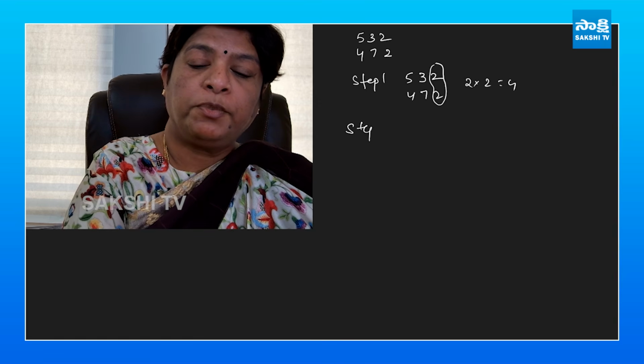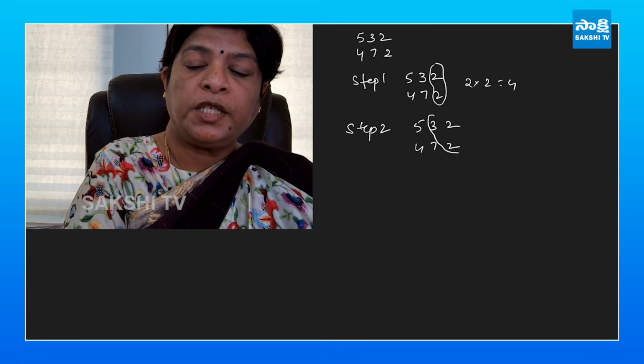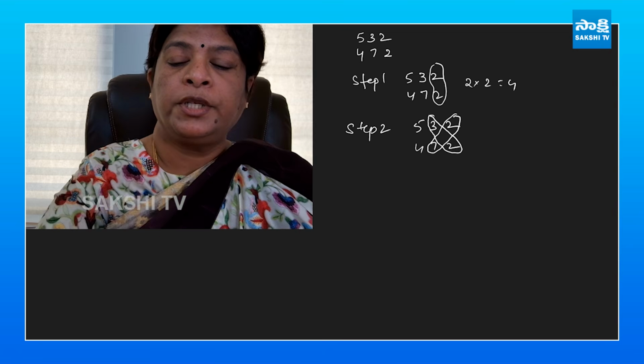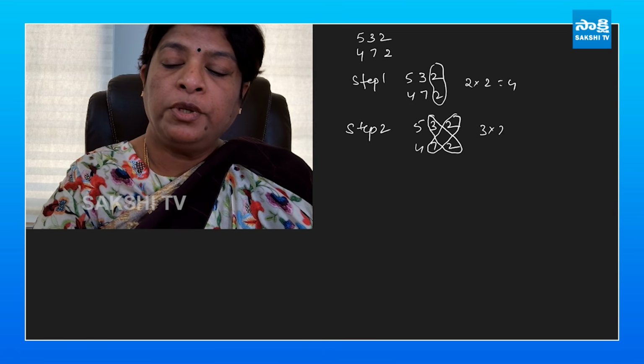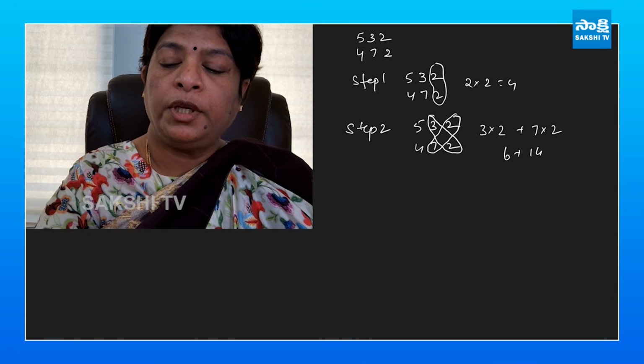Step 2 is the cross multiplication of the ones place digit with the tens place digit and the other combination also. We add the products. So 3 times 2 plus 7 times 2. So 6 plus 14, 20.